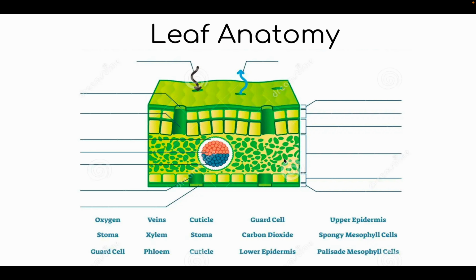The spongy mesophyll cells are the ones with lots of space. They look like a sponge, and that's to let the oxygen, the nutrients, and the water through. The palisade mesophyll cells are the ones that are near the top side of the leaf, right? So definitely make sure that you notice that.